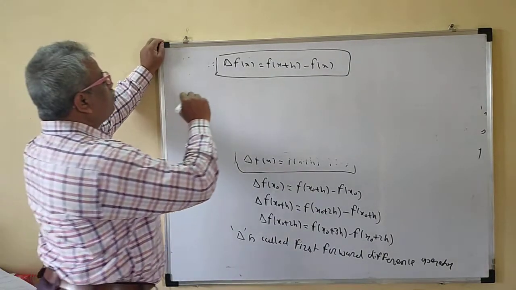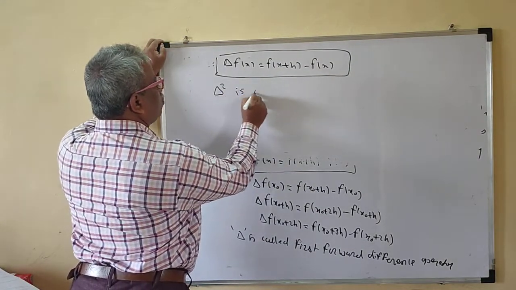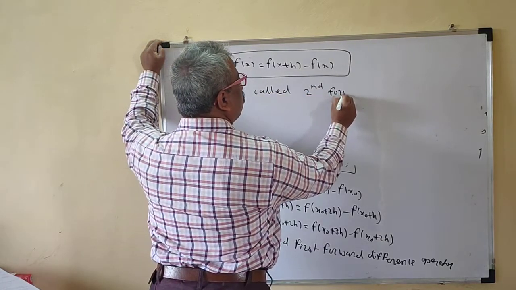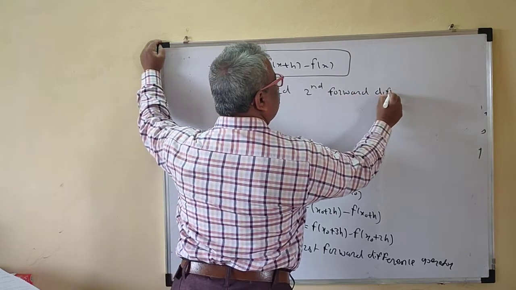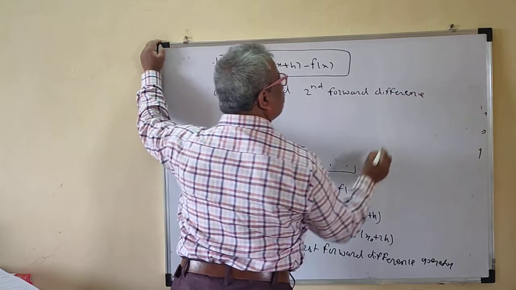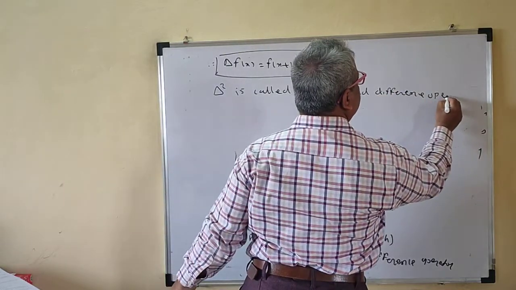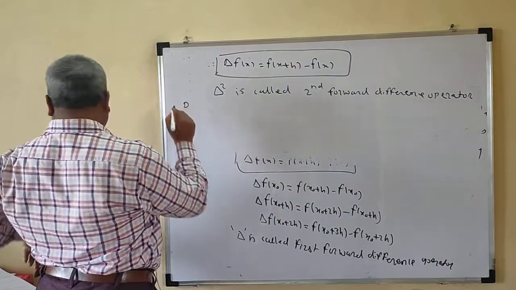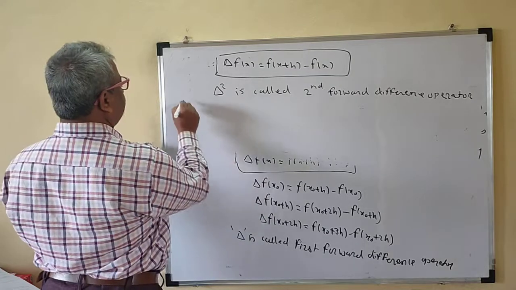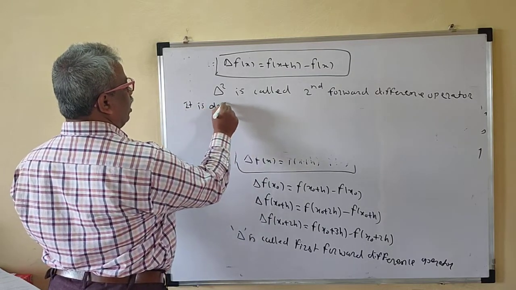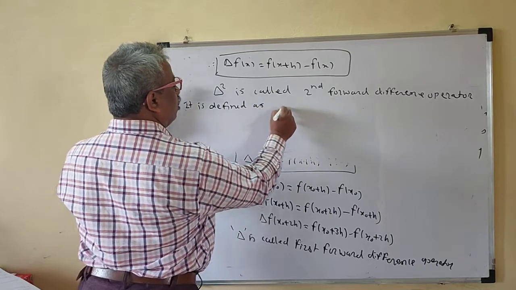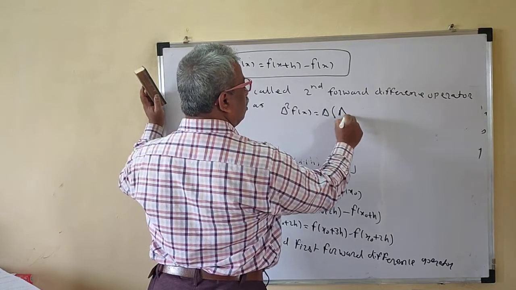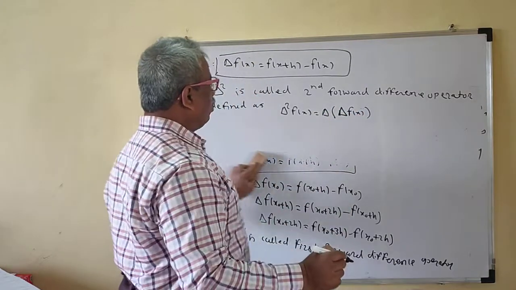Remember this as a formula. Now delta square is called the second forward difference operator, and it is defined as delta square f of x is nothing but delta of delta f of x.